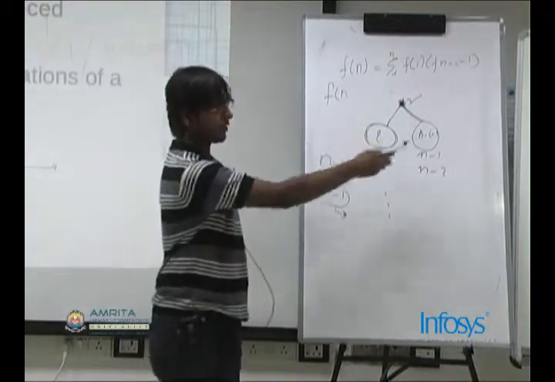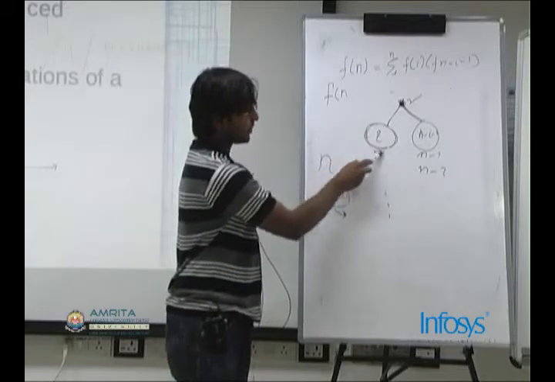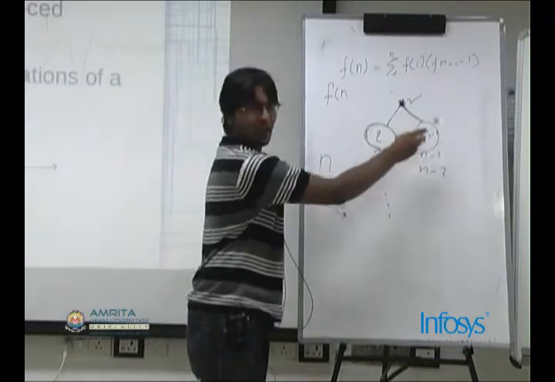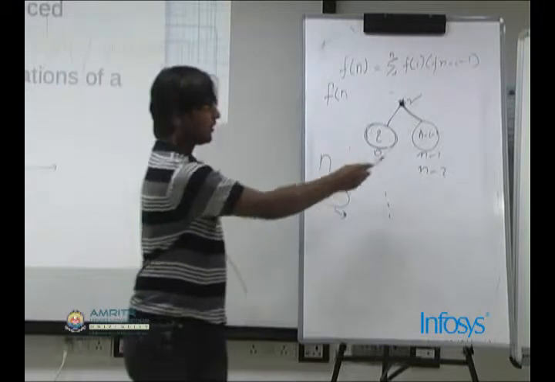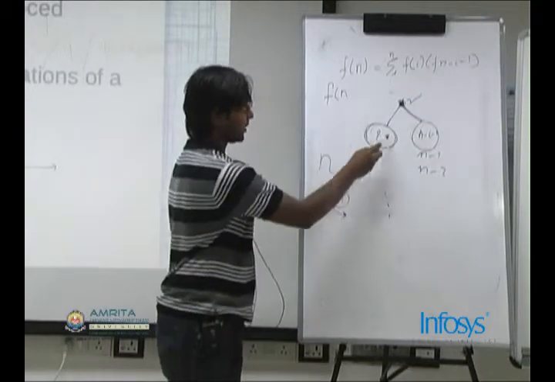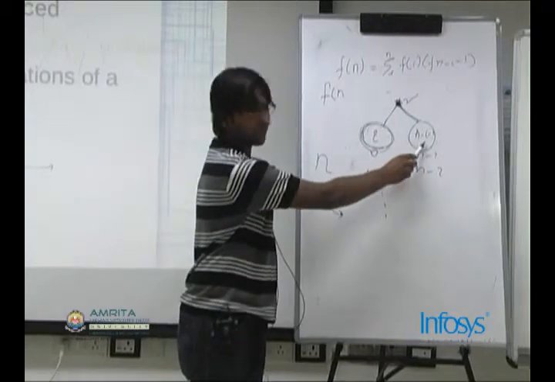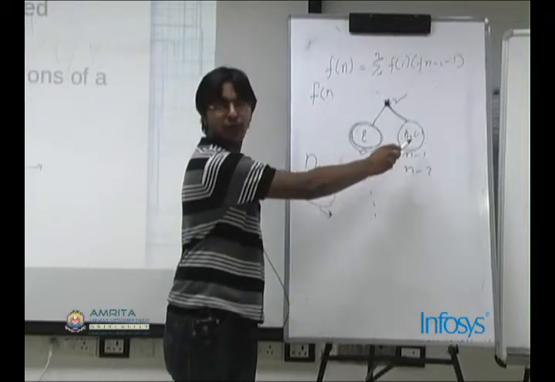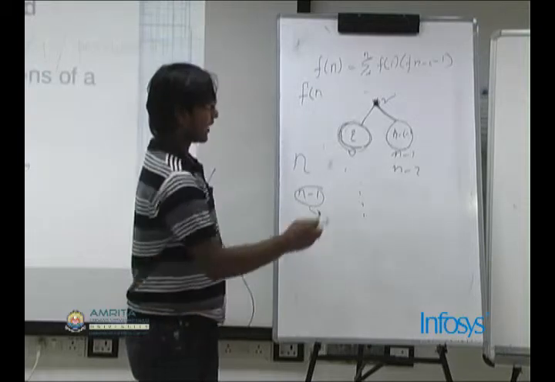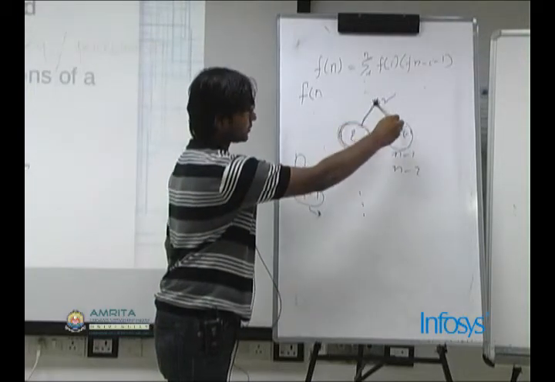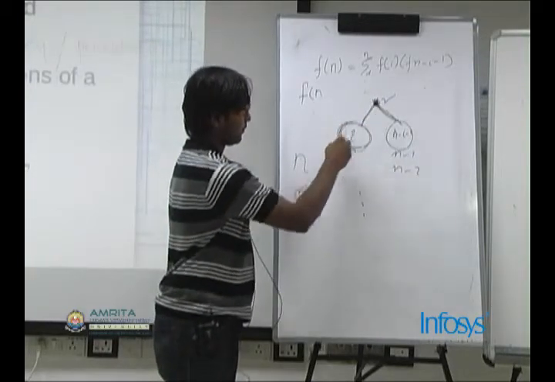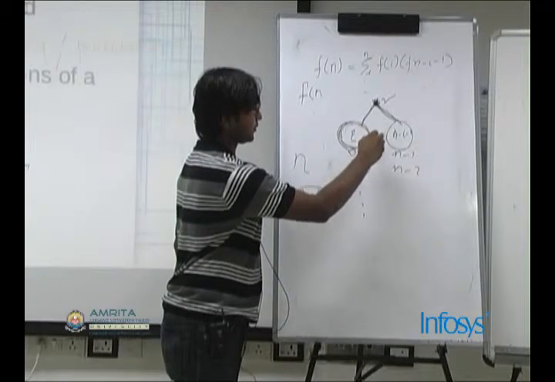I have distributed n minus 1 vertices so that i vertices are part of the left subtree and n minus i minus 1, the remaining vertices, are part of the right subtree. I calculate the number of subtrees possible with i vertices. I calculate the number of subtrees possible with n minus i minus 1 vertices, and the total number of trees possible will be the multiplication of these two.